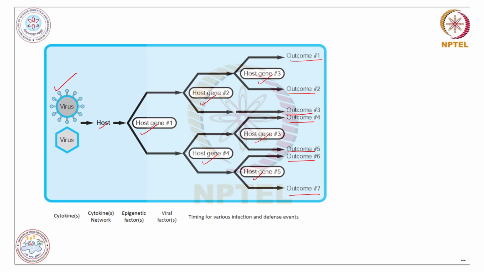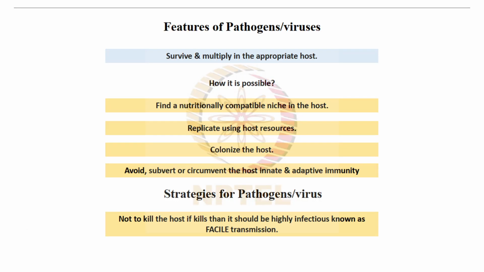And why are these variants different for all the different hosts? Because of their cytokine networks, their epigenetic factors and the viral factors, and it also depends on the timing of various infections and the different events. Then the features of the pathogens or the virus: these can survive and multiply in the appropriate host, and how is it possible?